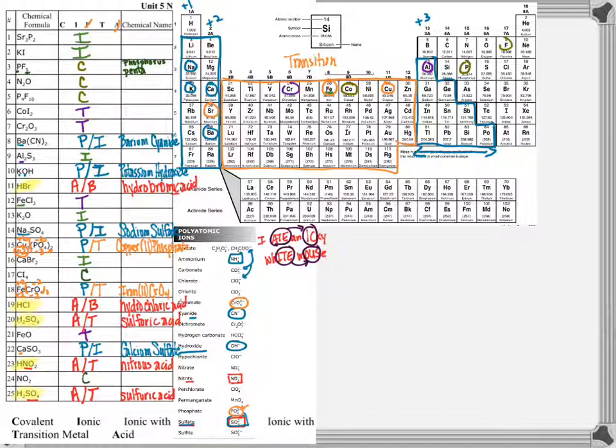We have 5 fluorines, so it's going to be pentafluor, and it's going to end in IDE. Phosphorus pentafluoride. Okay, next we have N2, so this would be dinitrogen because there's 2. There's only 1 oxygen, so here we do use the prefix mono. So it would be monoxide.